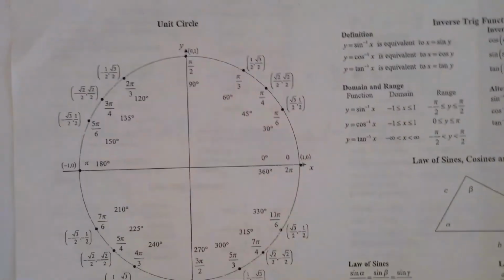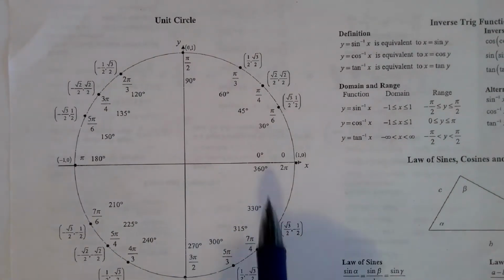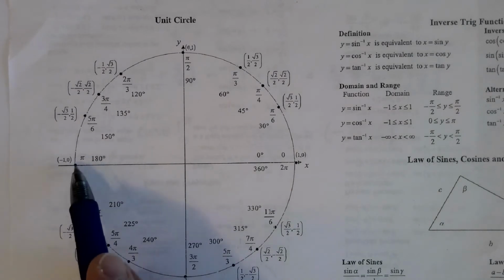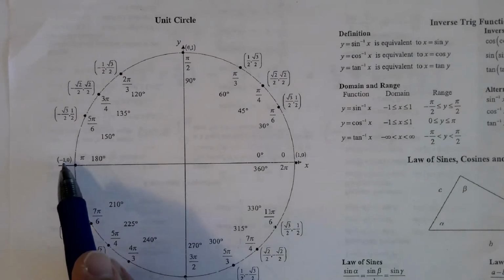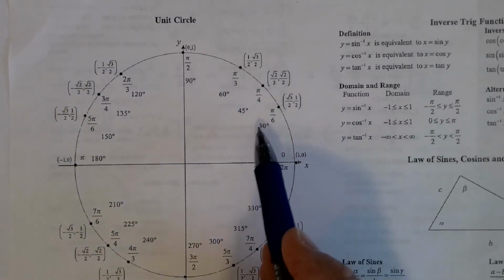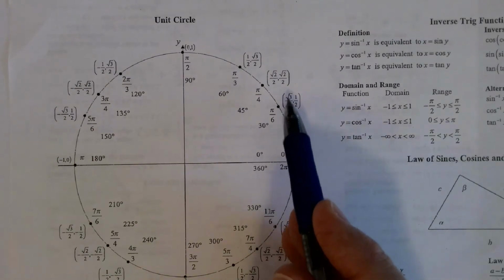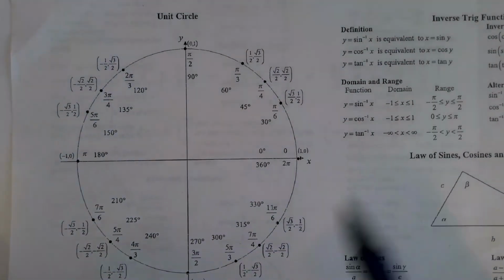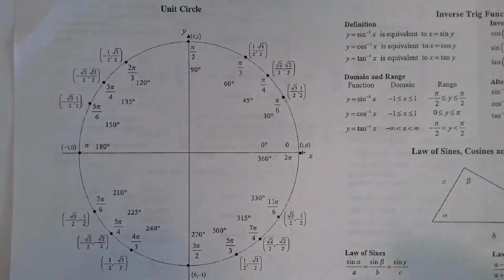At pi, the ordered pair represents x is cosine of pi, and y is sine of pi. So cosine of pi is negative 1. That goes with the x coordinates on the unit circle. So like cosine of pi over 6 is square root of 3 over 2. You should be able to get the exact value, not a calculator approximation for square root of 3 over 2, say. In this case, it's negative 1.